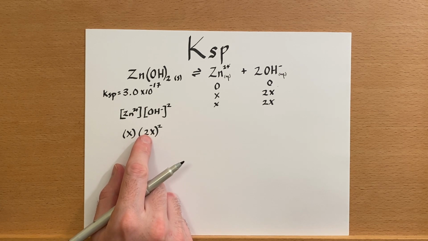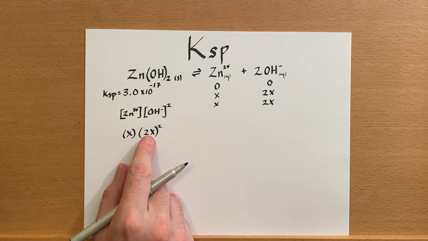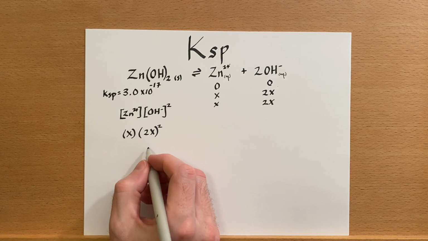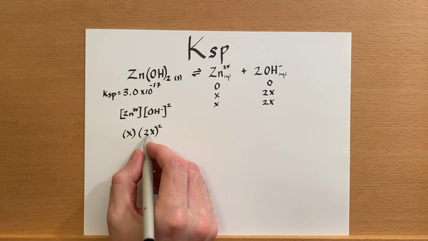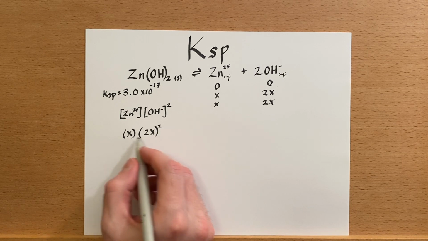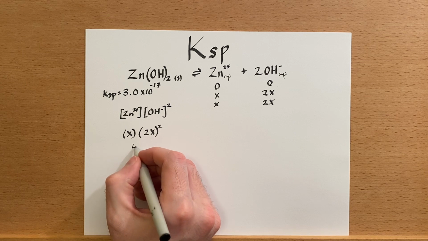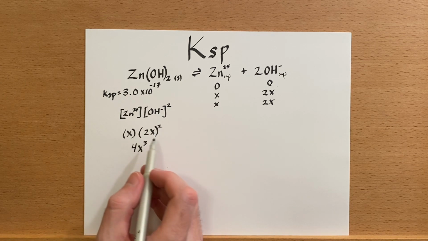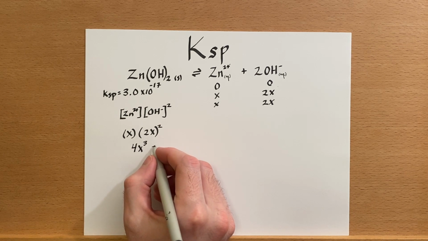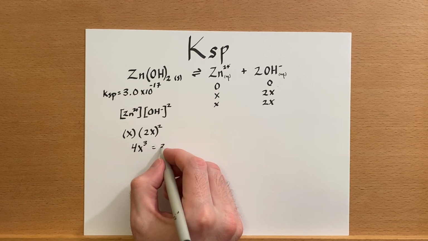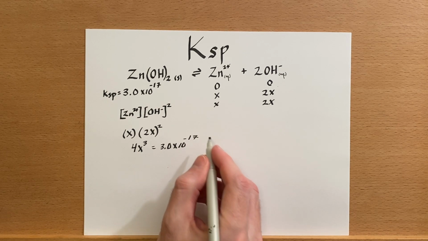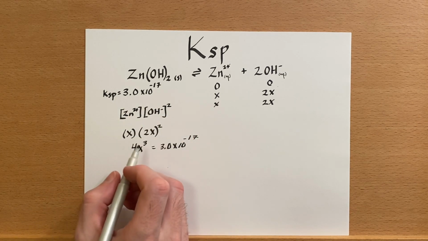So this is really 4x squared, not just 2x squared. So just be aware of that. So 4x squared times x, that's really 4x to the third power, right? 2 from there, 1 from there. And that's going to equal my 3 times 10 to the minus 17, which is the value of KSP.